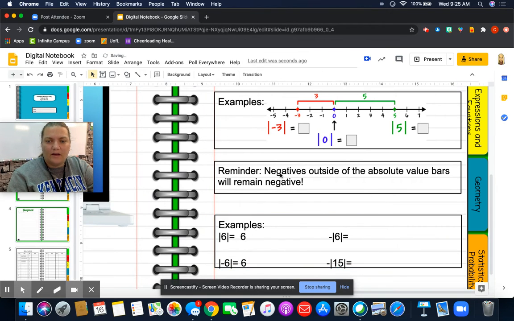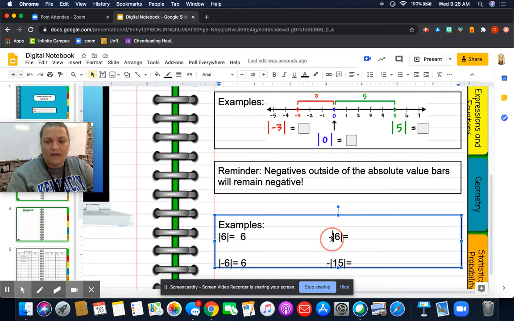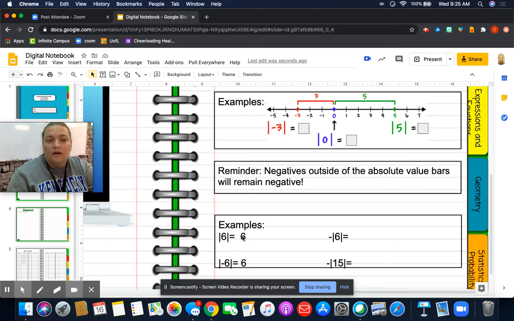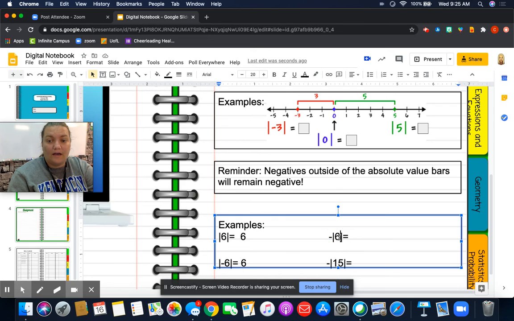But what this reminder is saying is that when you have a negative outside of those bars, or our field goal posts, then it's going to remain negative. So the absolute value of 6, everything from here to here, is saying that the answer is 6. However, we have to attach our negative.